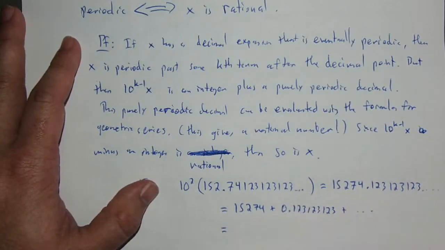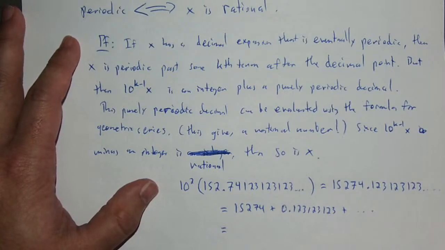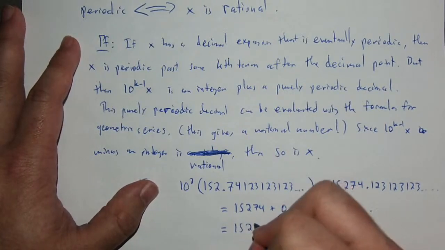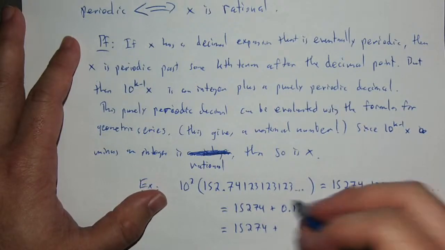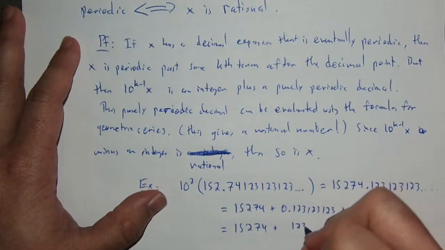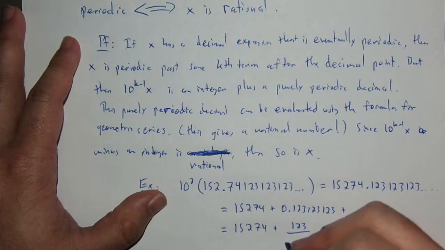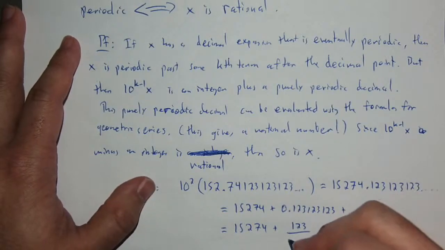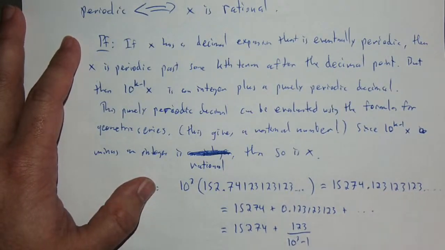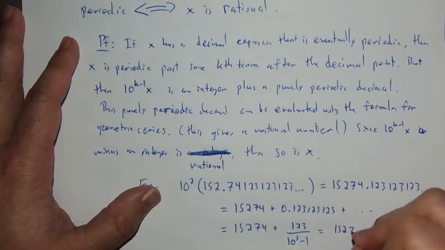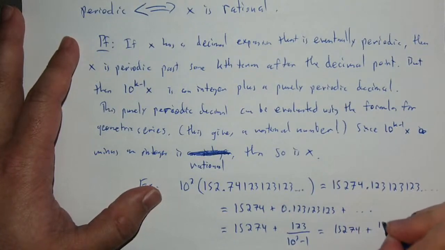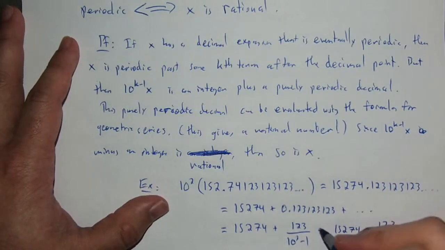So this is where I use the geometric sum formula. So this is 15,474 plus, according to how my geometric sum works, 123 over 10 cubed minus 1. So this is 15,474 plus 123 over 999, which would get that done.